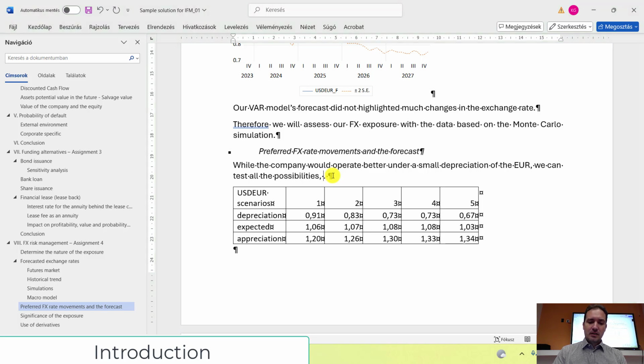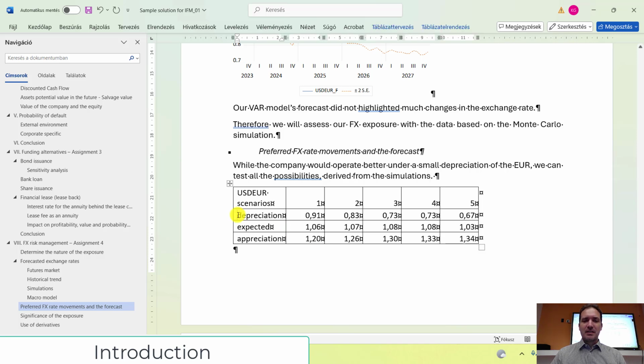Possibilities derived from the simulations. So in this case, we can see what happens in depreciation, expected, and appreciation scenarios.